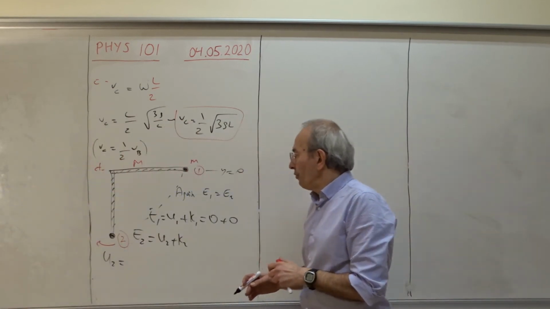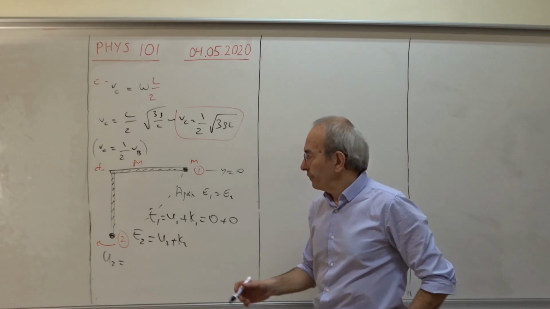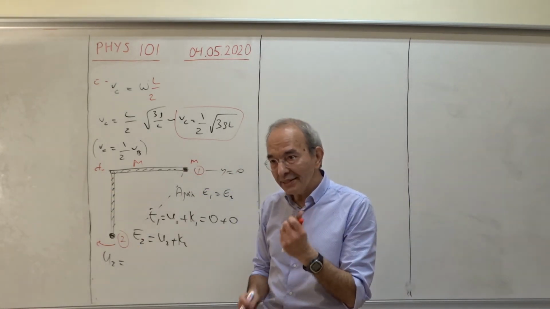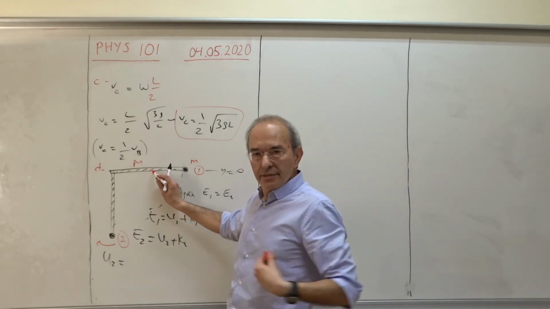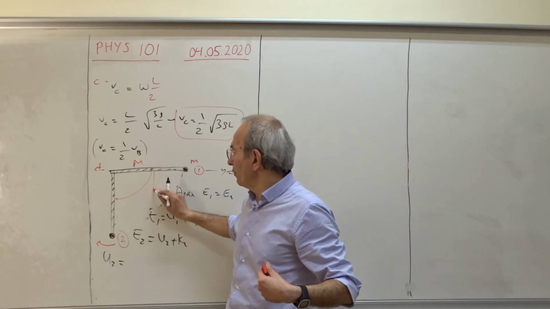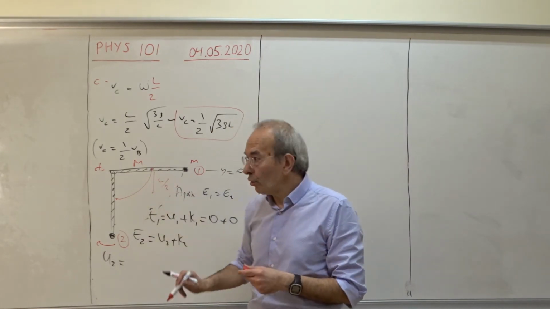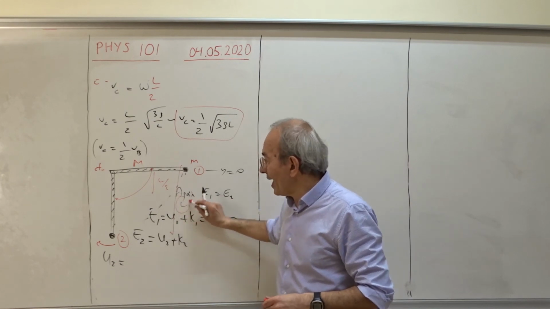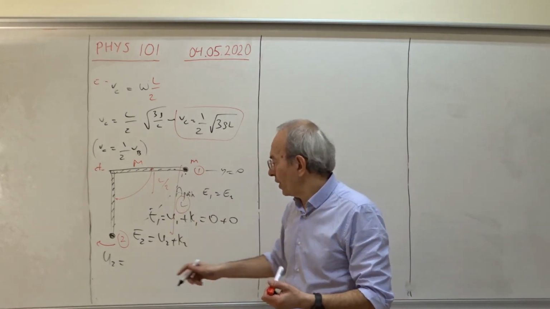U2. This potential energy, as it passes by the vertical position, consists of two parts. One, that as I have written before, the center of mass falls a distance of L over 2. But also, this object, which has a mass, falls a distance of L. So there are two terms.